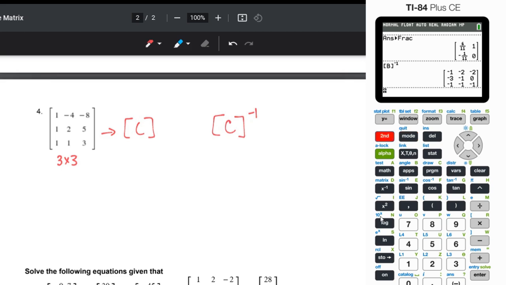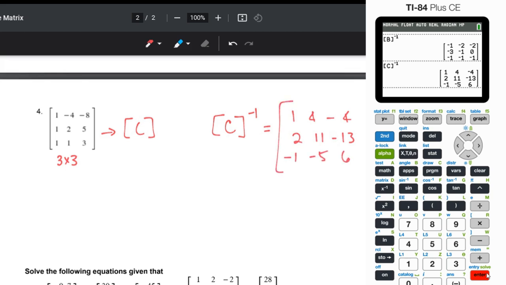And for me, that would be matrix C. So I'm going to find matrix C, and then I hit the -1 button to find the inverse. And that gives me 1, 4, -4, 2, 11, -13, -1, -5, and 6. And that's my inverse of the original 3x3 matrix.